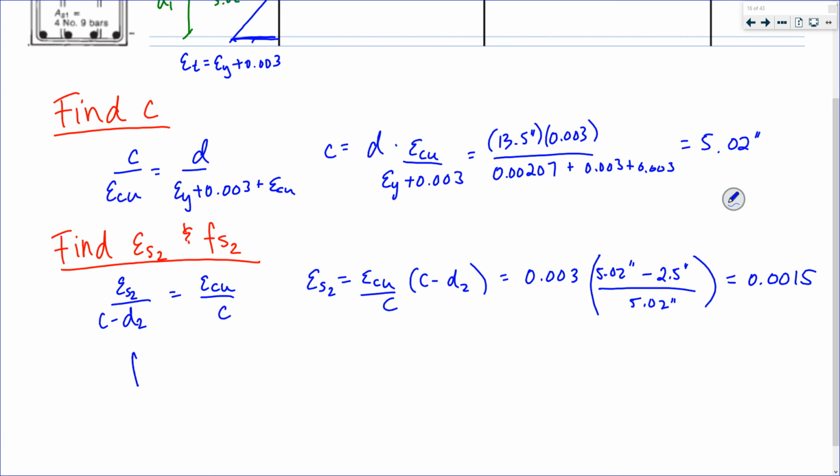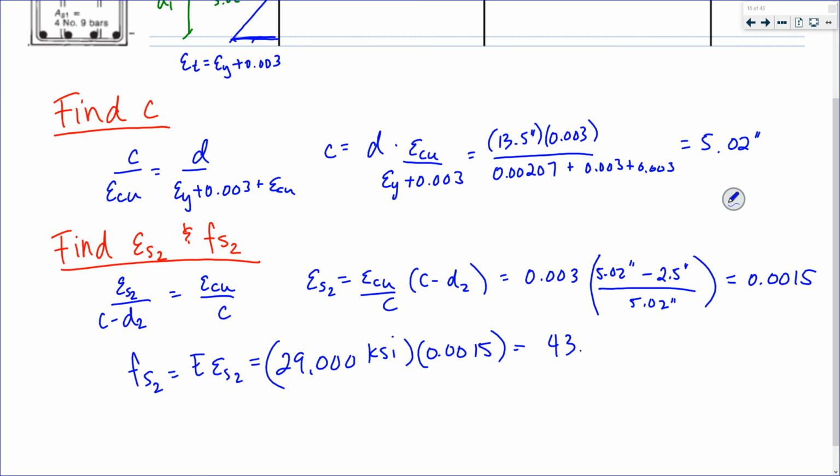So my stress associated with that strain of 0.0015 is 43.7 KSI. So we haven't yielded our compression steel. We've beyond yielded our tension steel, we haven't yielded our compression steel.